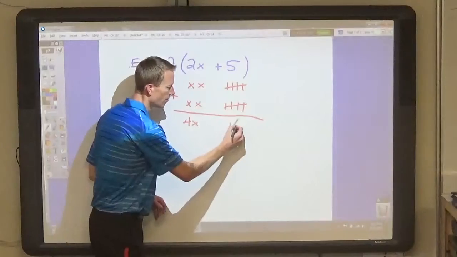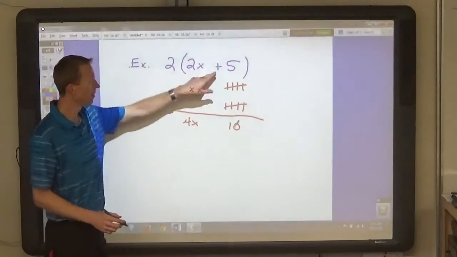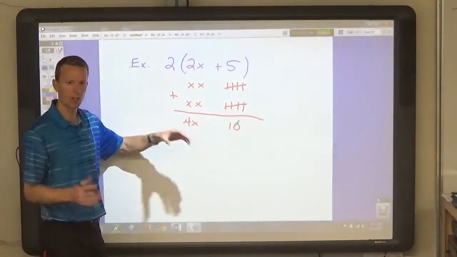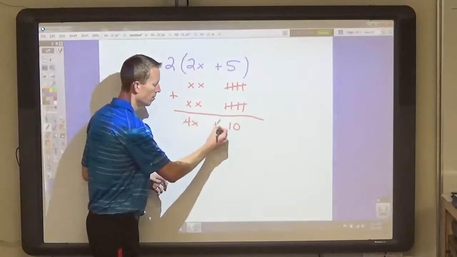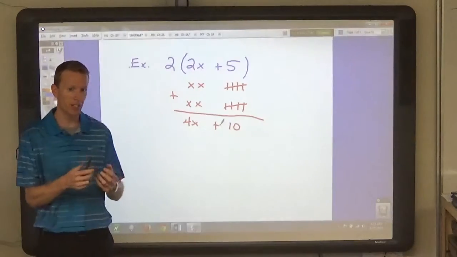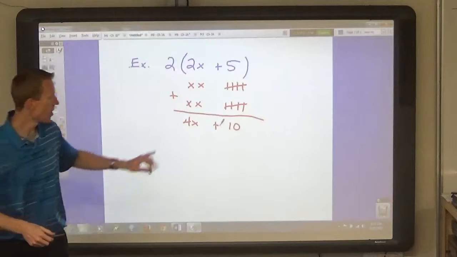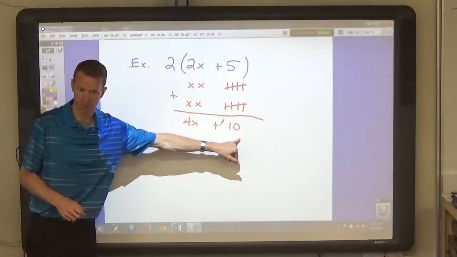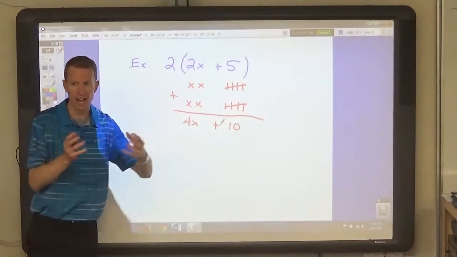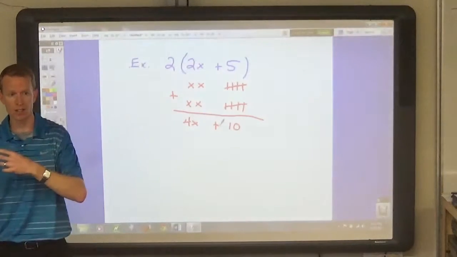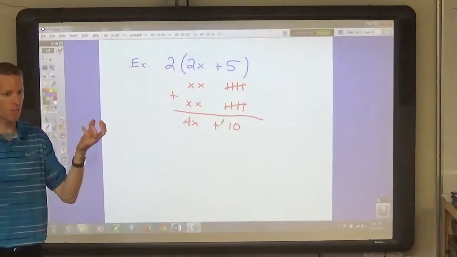And ones. And they're still being added together. But we can't add them together because they're different. These are x's and these are ones. You can't add x's and ones and get ones or x's. They're separate. They're different.